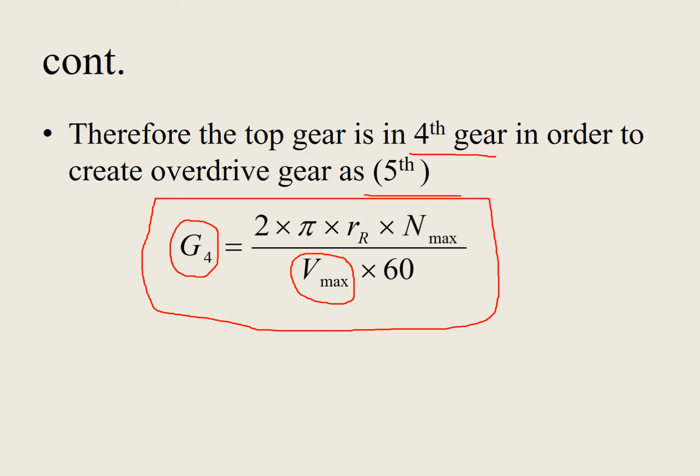When you know the maximum engine speed and the tire radius has been decided, then we can decide the ratio for fourth gear.